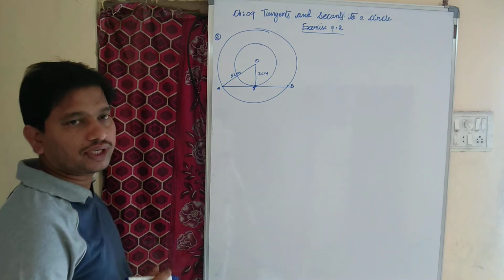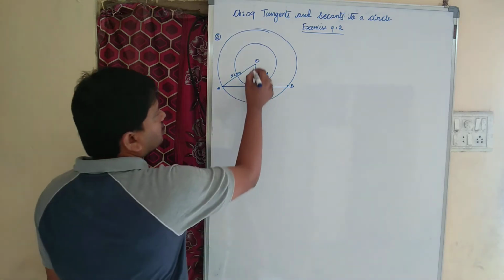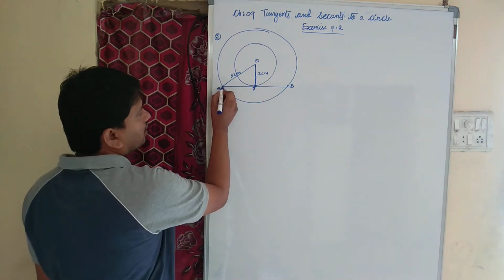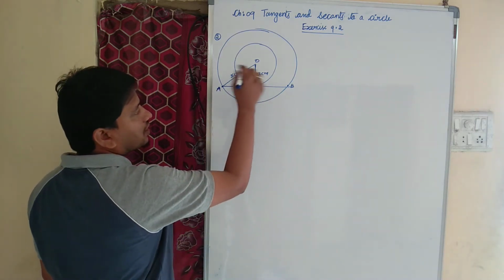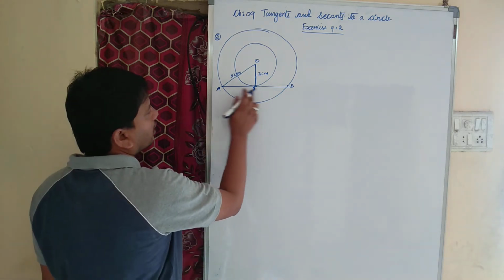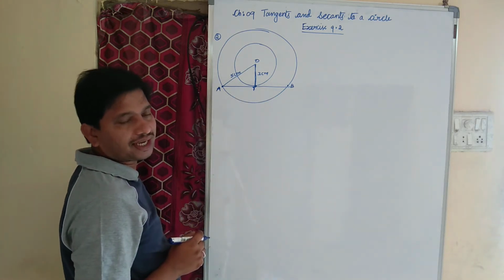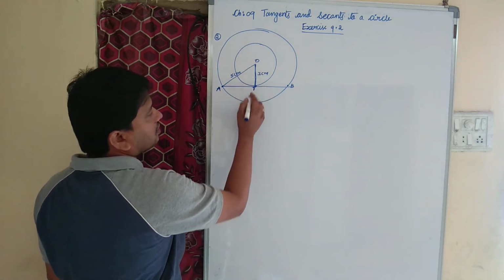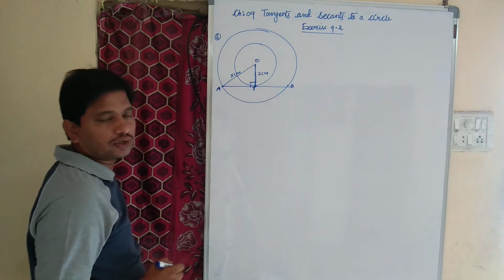Now they are asking to find the length of the chord of the larger circle which is touching the smaller circle. Students, if you observe here, OP is the radius of the smaller circle, A is an external point to the smaller circle, then what about AP? AP is the tangent, yes or no? AP is the tangent and OP is the radius. We know that the radius is perpendicular to the tangent.